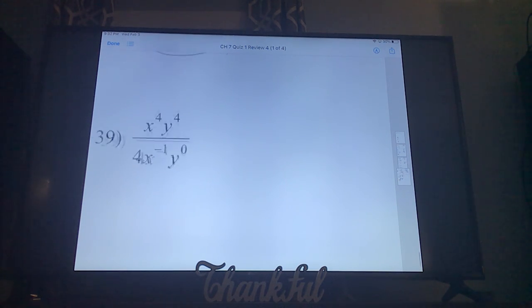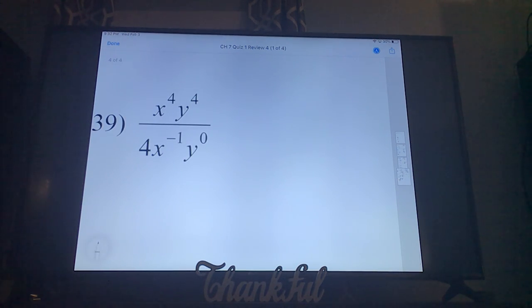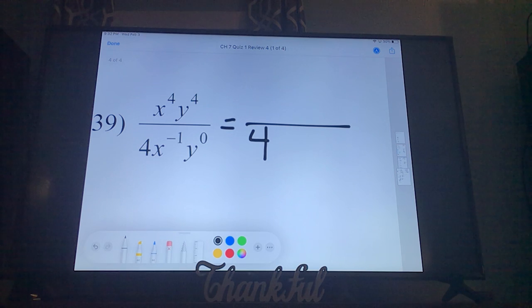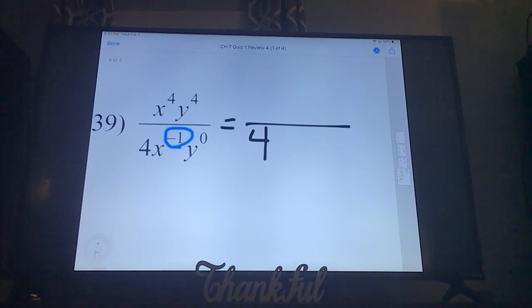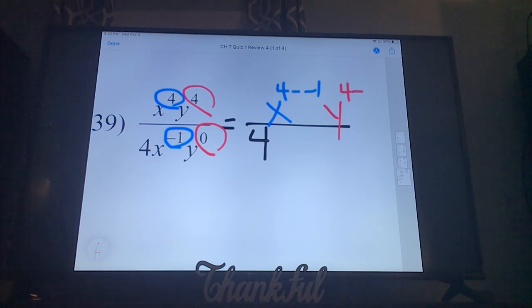Okay, 39. So we draw a fraction bar and we keep our bigs. When we look at the x's, I got a 1 and a 4. So we're going to have x to the 4 minus negative 1. Y's, I got y to the 4 minus 0.